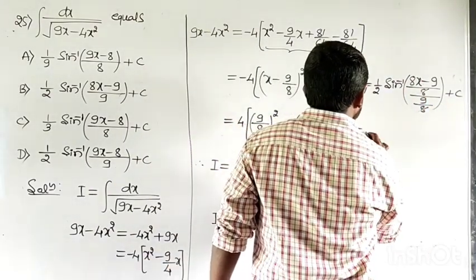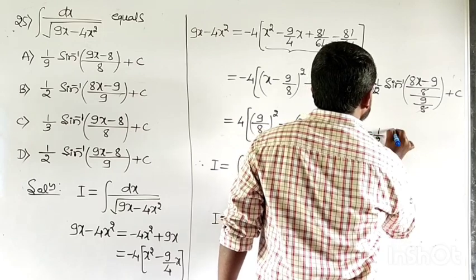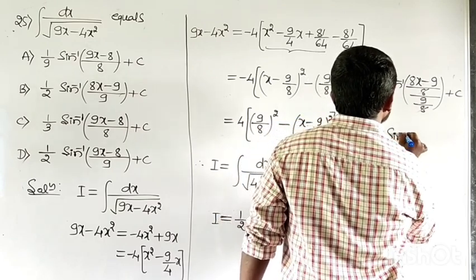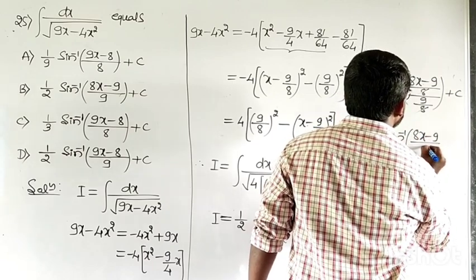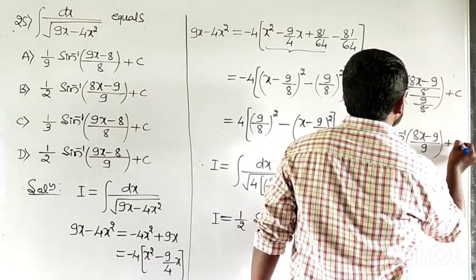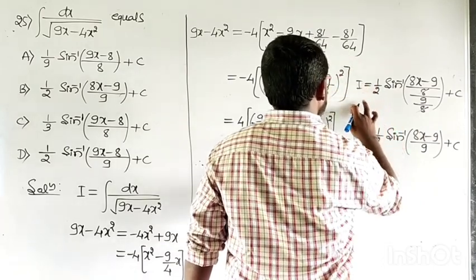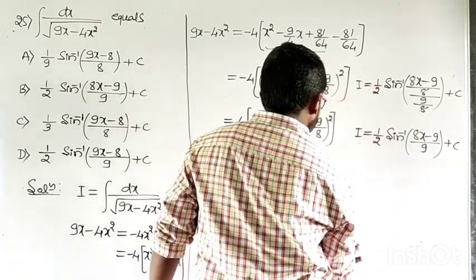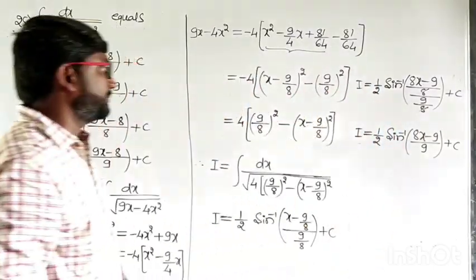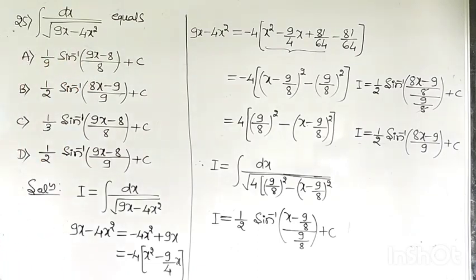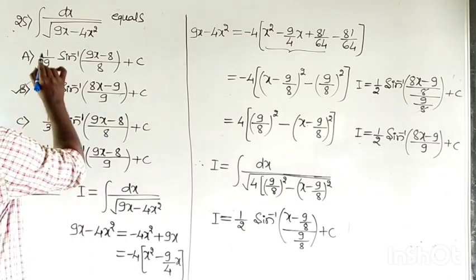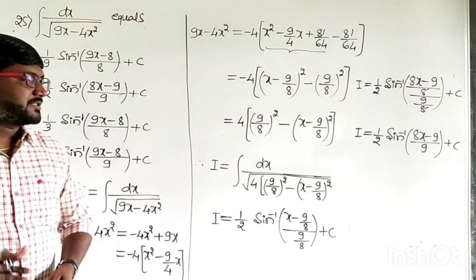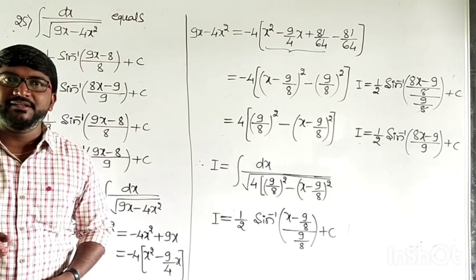I is equal to 1 by 2 sine inverse (8x minus 9) divided by 9, plus c. So this is the required answer for the 25th problem. So search for the options now. It is 1 by 2 sine inverse (8x minus 9) divided by 9 plus c. The answer is option B. So with this we have completed exercise 7.4.